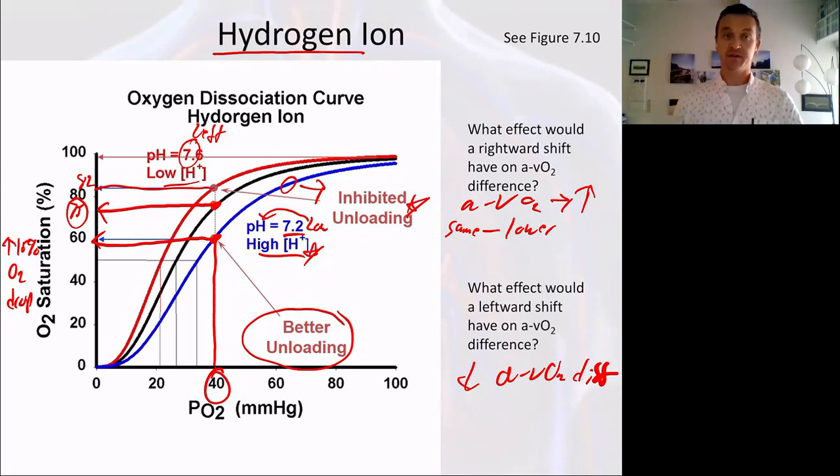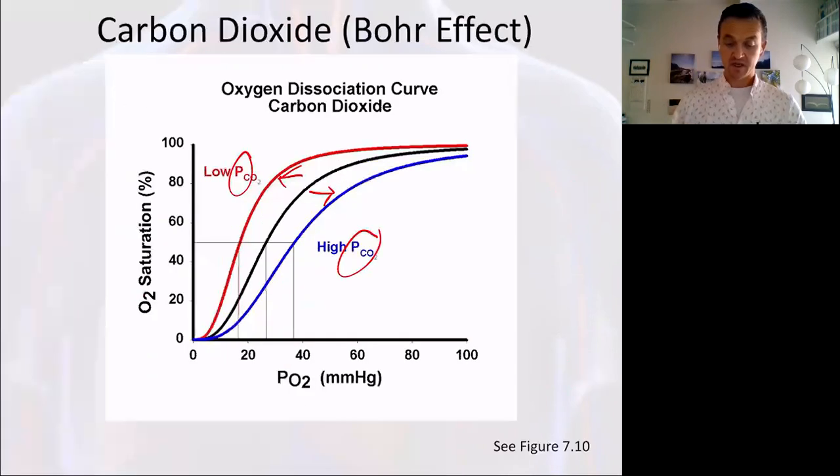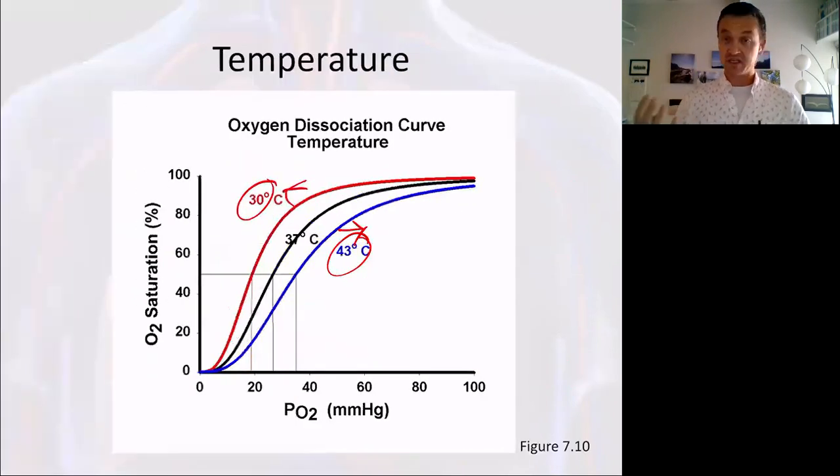So that's something else that happens during exercise that helps us change our AVO2 difference, right? We have an increase in hydrogen ion concentration. We definitely have more CO2, right? Because that's a byproduct of metabolism, and we heat up too, right? So all three of these things are direct byproducts of metabolism, okay? And so when we have these direct byproducts of metabolism, so we're using up more oxygen, right?